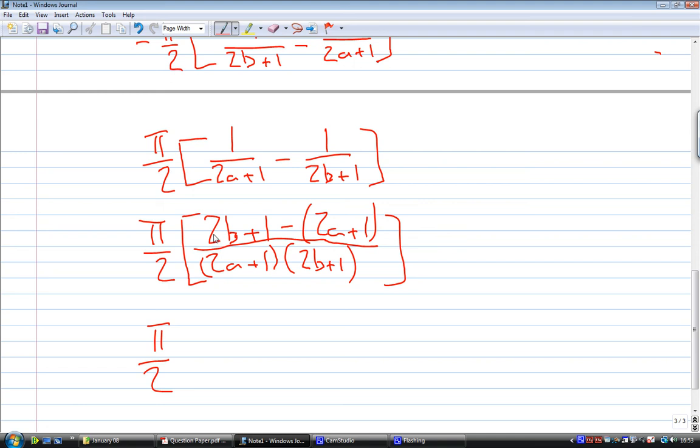So we can probably get rid of the 2 for 1. Why don't we do that straight away? Actually, let's do it in a few more steps. All over 2, 2b minus 2a, all over.